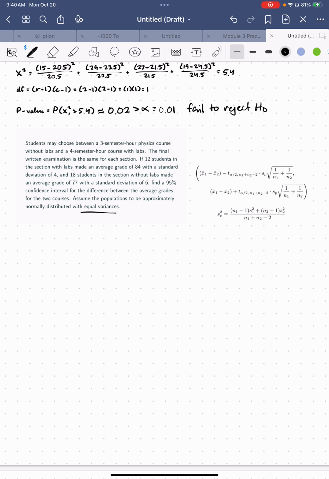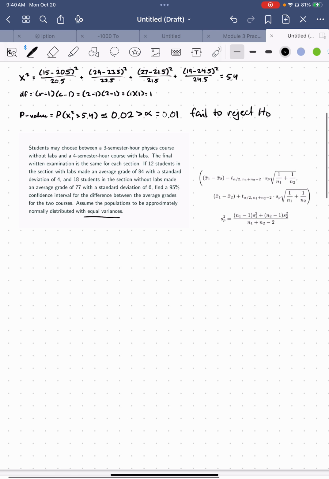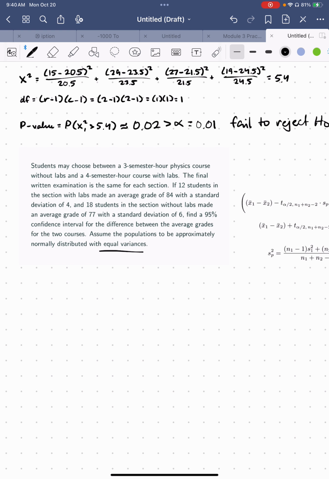So we know which formula to use, and if you look at your formula sheet, you'll find this formula on the side for equal variances, and we just need to plug in our values. So first we can mark our values that are here.